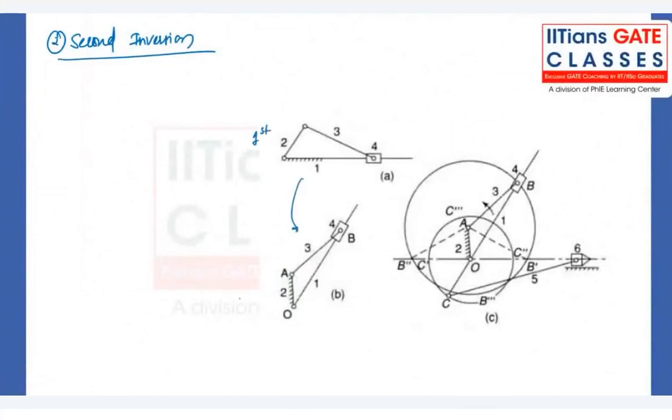Once link number 2 is fixed, what kind of mechanism can we create out of it? The applications of the second inversion are the Whitworth quick return mechanism, and another application is the rotary engine.